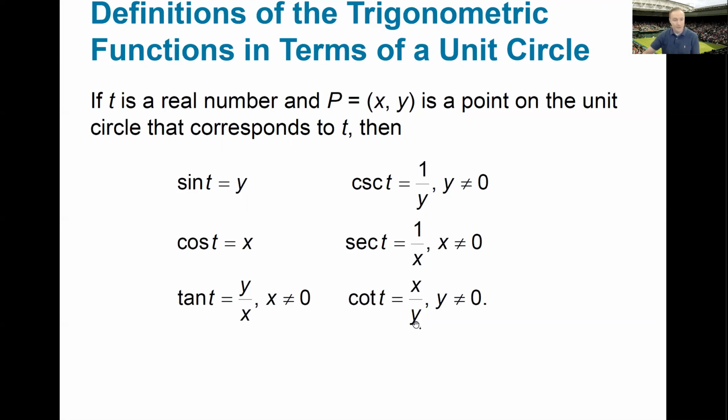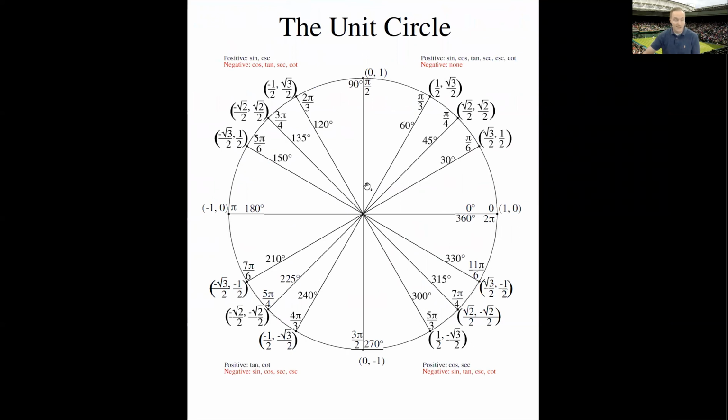Now, it is important to keep in mind each of these functions that have a denominator, they do have values where they're undefined. Sine and cosine, they're going to be defined for any angle. But the tangent, since it has that x value in the denominator, we know the tangent will fail to exist whenever the x component is 0. So if I say, hey, what's the tangent of 90 degrees?